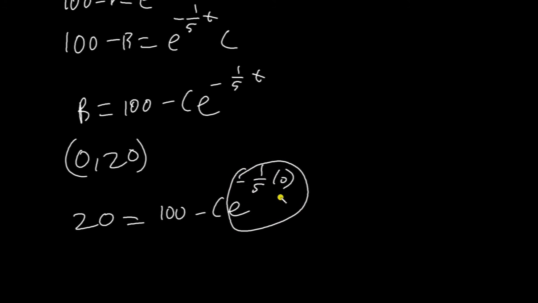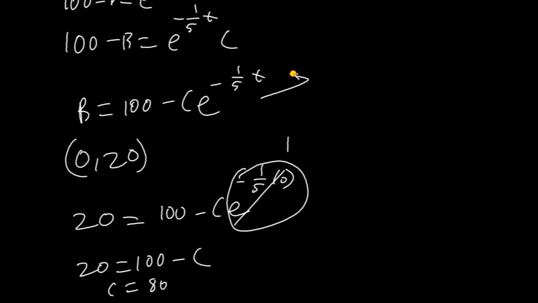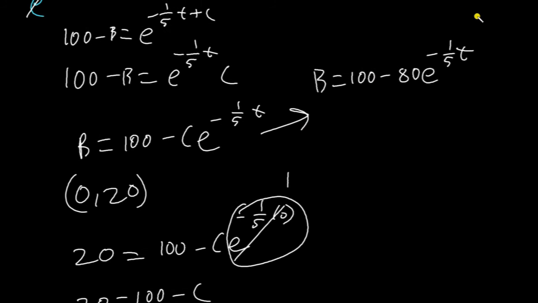So this whole thing, since e to the 0 is 1, goes away to 1, and we get 20 equals 100 minus c, so c equals 80, okay? So we'll take this original equation for b here, and I'll plug in 80 in for c, so we'll get b equals 100 minus 80 e to the negative 1/5 t.